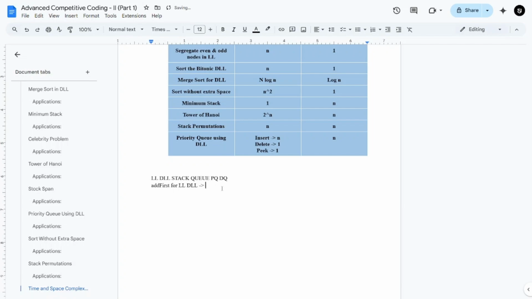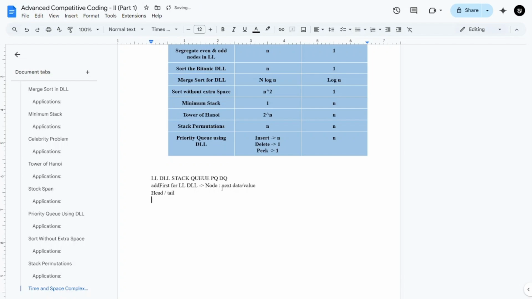So you can be asked, say, what are the features of a node? So the output will be next pointer and data variable or value variable. Okay, then to travel in the linked list, doubly linked list, what are the pointers used? So the answer is head and tail.